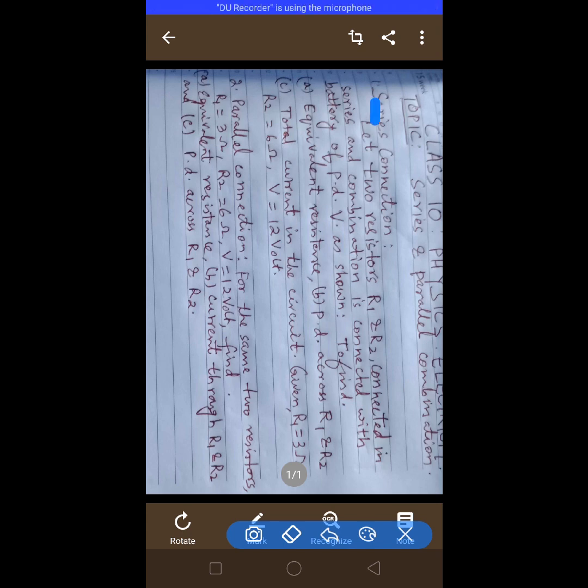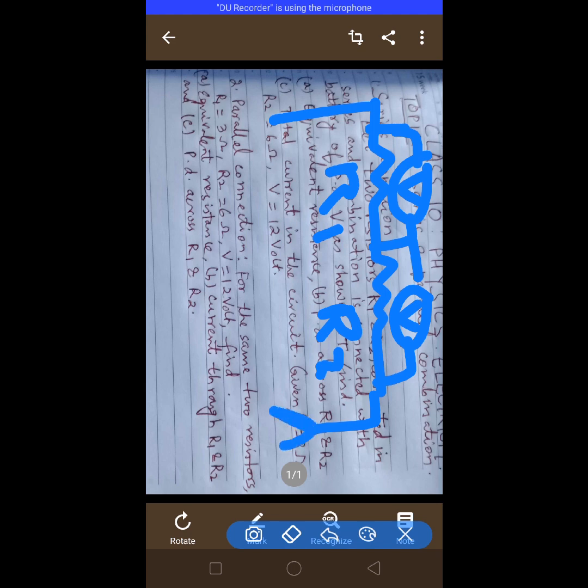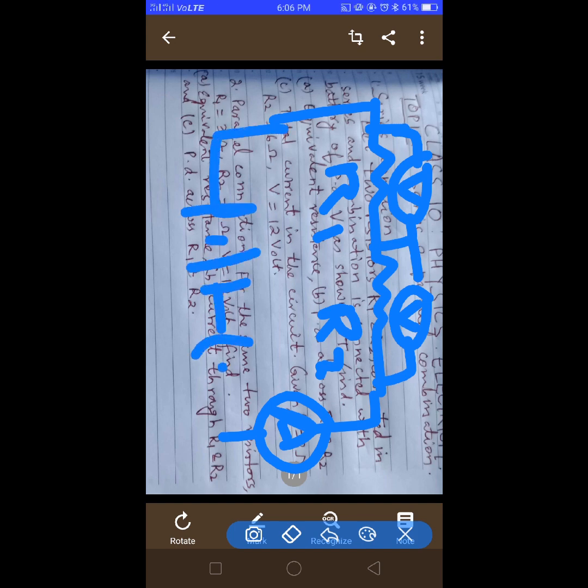So in this way, again I am putting here, making the circuit R1 and R2, and here you will put a voltmeter. Connect the voltmeter across R1, and here also another voltmeter 2 across R2, and here you will put ammeter in series and battery with key.